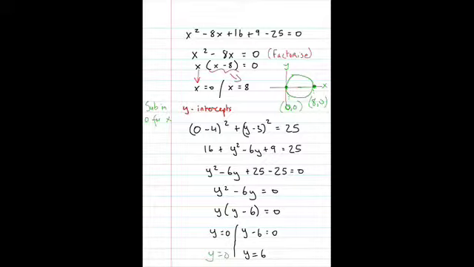I need you to know when you can use stuff. You should be able to know off the top of your head that if the question asks find where two lines meet, you should be thinking straight away simultaneous equations.